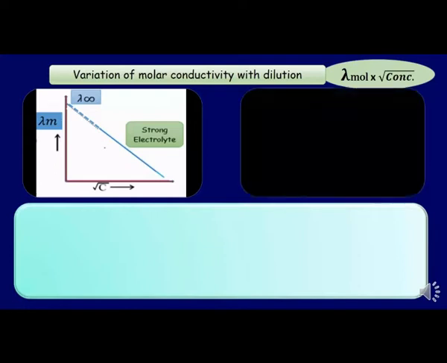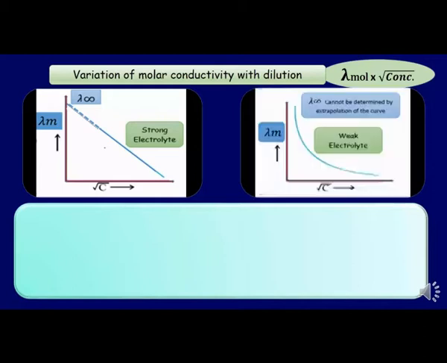Now let us look at how the weak electrolyte behaves. In the case of a weak electrolyte, it is a curve which does not touch the y-axis. Hence, it is very clear that lambda infinity cannot be determined by the extrapolation of the curve.